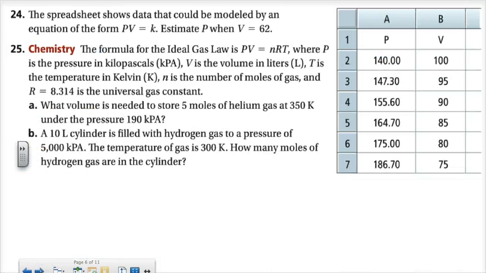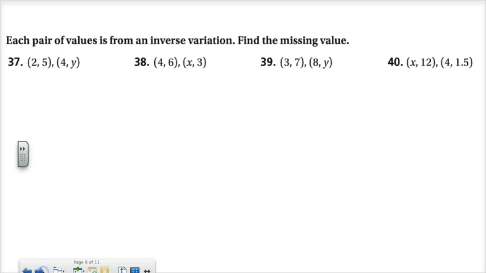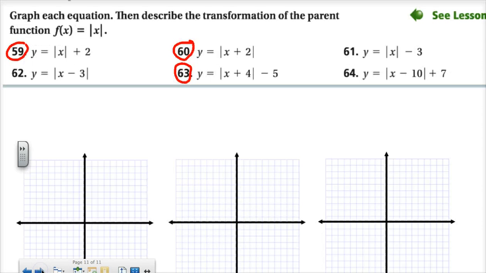Then at the end of this assignment, some review on graphing absolute value. We haven't seen that in a long time. So what we have to remember is our generic formula for absolute value. And it's just good old A, H, and K again. So for number 59, I noticed that A is a 1.